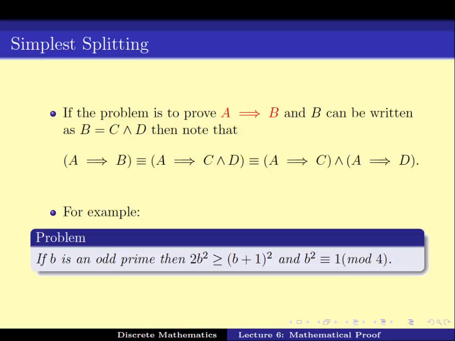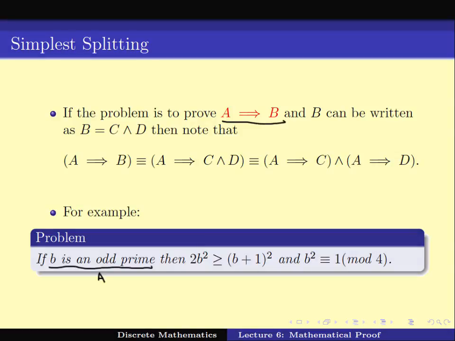As A implies B, A is that b is an odd prime. Then B is this part: 2b square is greater than or equal to (b plus 1) whole square, and b square is congruent to 1 mod 4.